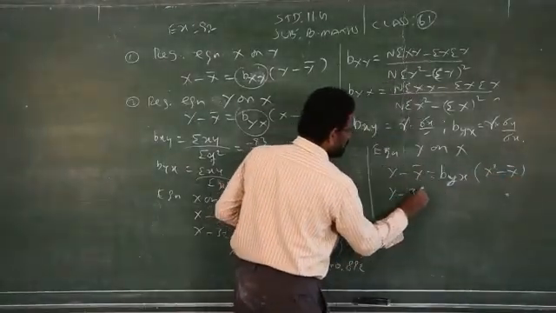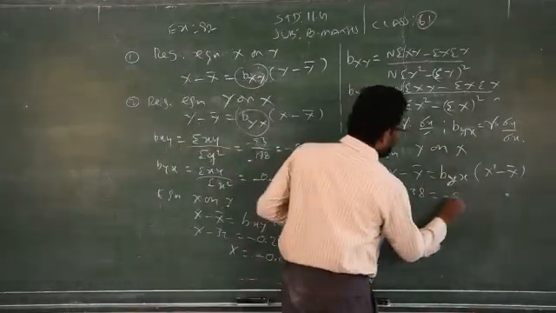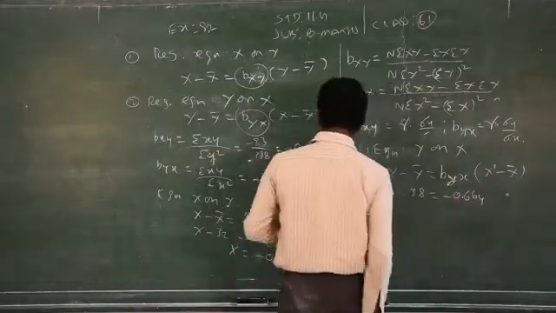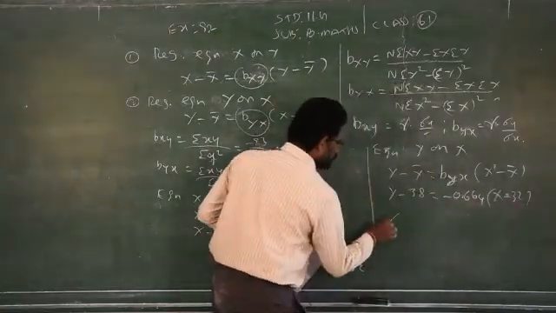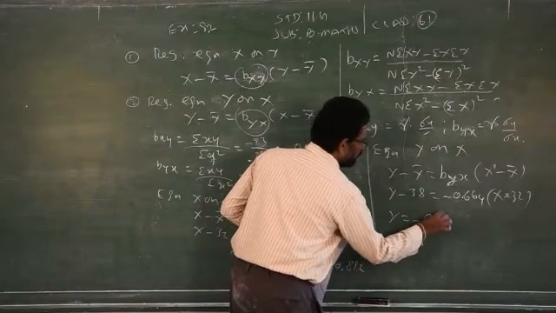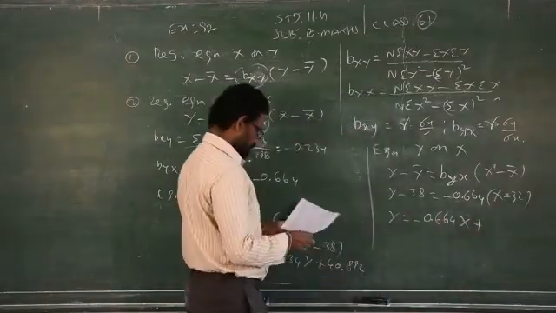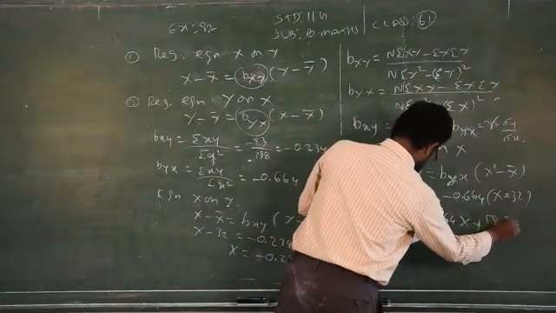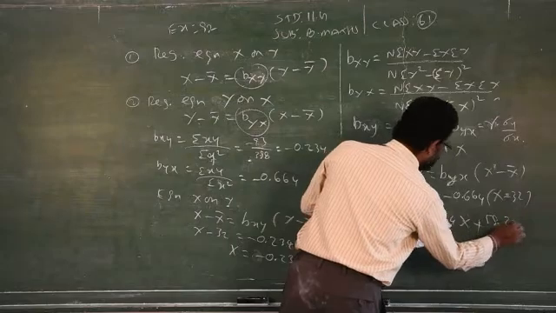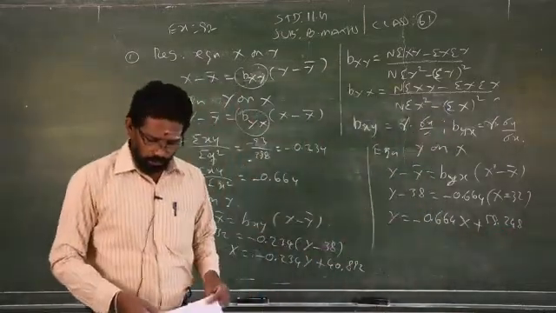Y minus 38, byx we found already, that is minus 0.664, times x minus 32. As usual, if you simplify this one, you will get plus 59.248. So this is the regression equations.